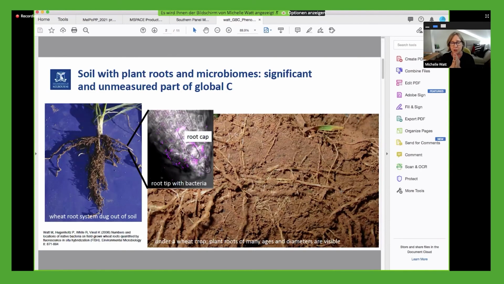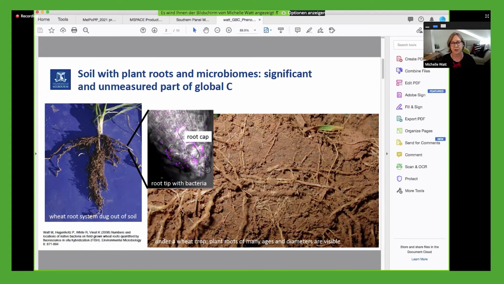So below ground, in the soil underneath our feet, this is filled with the roots of plants and their associated microbiomes, the microorganisms that are associated with the roots and obtaining carbon that's been fixed in photosynthesis above ground, goes below ground.